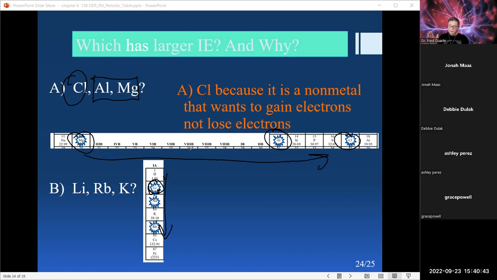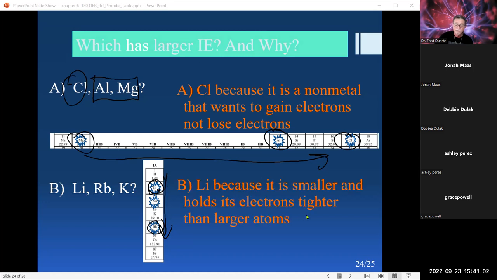Because these guys all happen to have one valence electron. That one electron is closer to the nucleus for lithium than it is for the bigger element Rb. So higher ionization energy requirement for lithium, because it's smaller and it's holding on to its electrons a little bit tighter than the larger one.